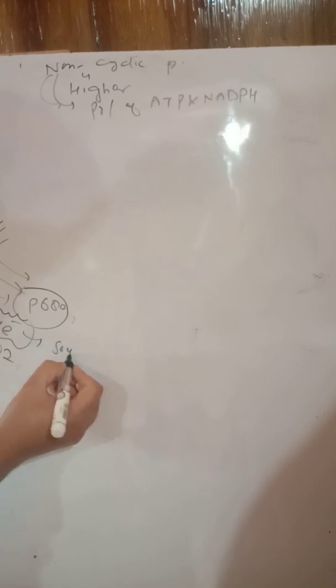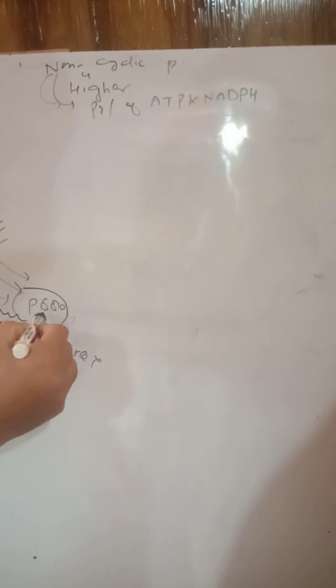When sunlight falls, there occurs a process called photolysis of water. When sunlight falls on this water, it gets split into protons, electrons, and oxygen molecules. These electrons run the pathway. That means in non-cyclic photophosphorylation there is an external source of electrons, and this external source is supplied by water.